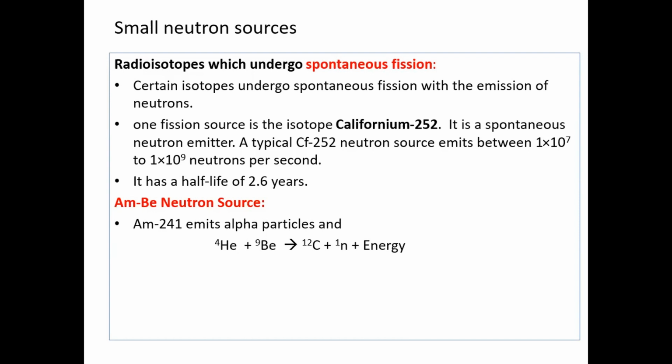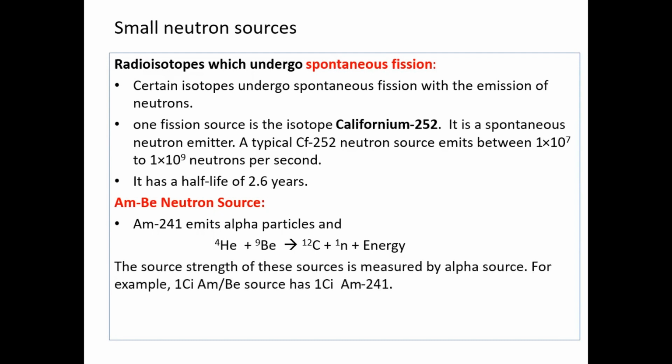The combination of the helium and the beryllium nucleus produces C13, which is unstable, and it then changes into carbon 12 and a neutron, and some energy is released. The energy is the Q value of the nuclear reaction.